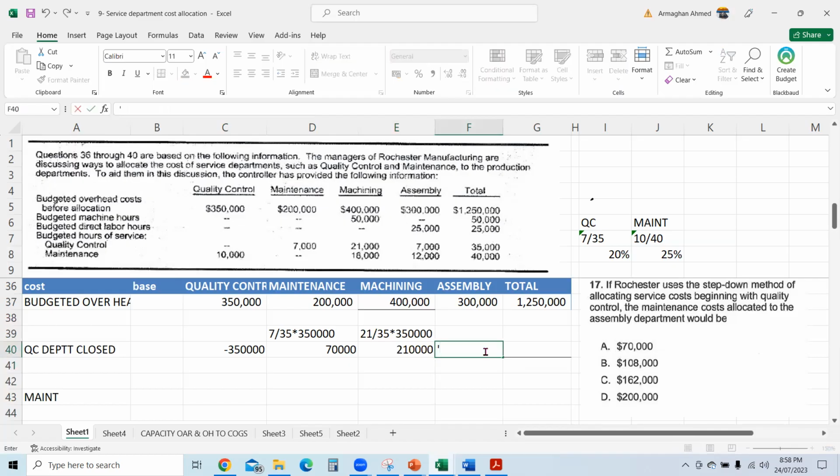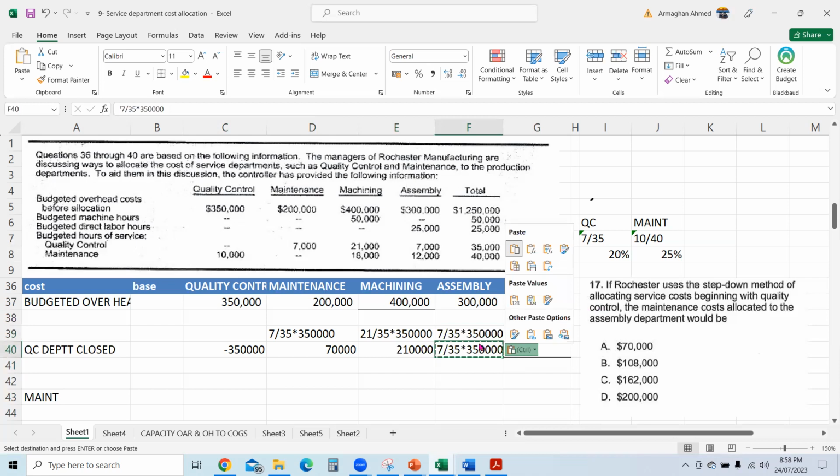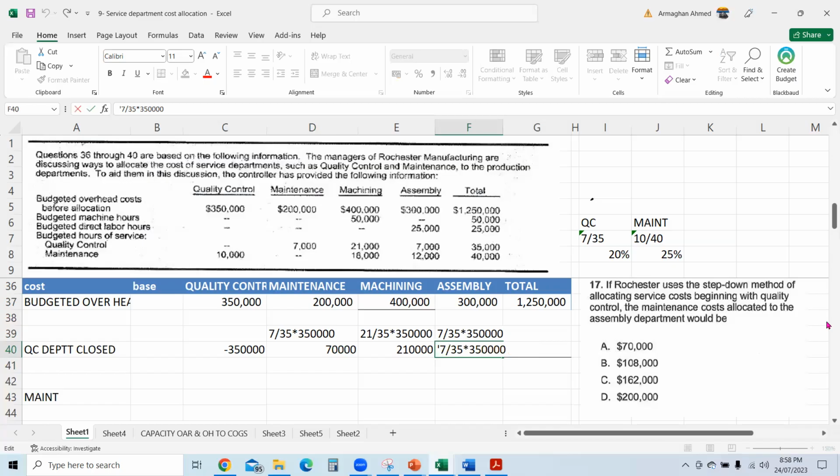The balance amount, right? 7 over 35 into 350,000, that is 70,000.